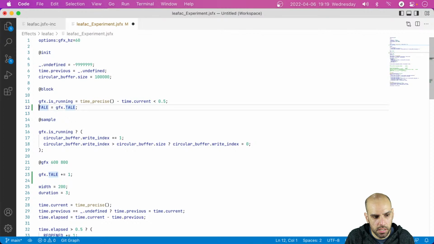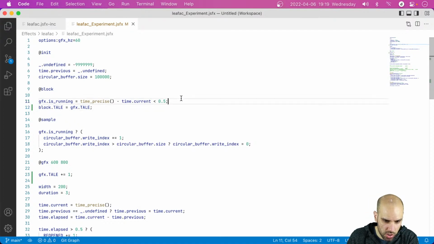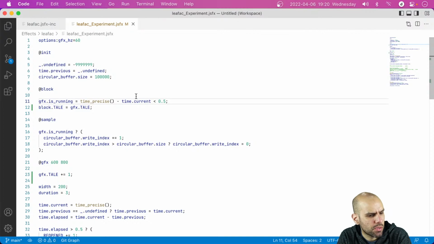So I guess this is the block tail and the GFX tail. And then I just check... I am not really sure what I would check.